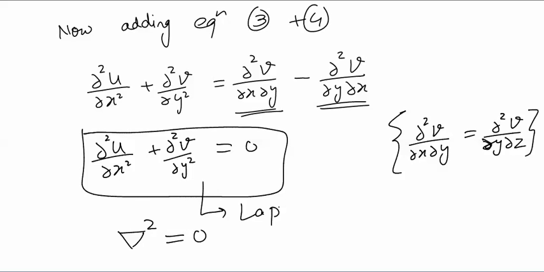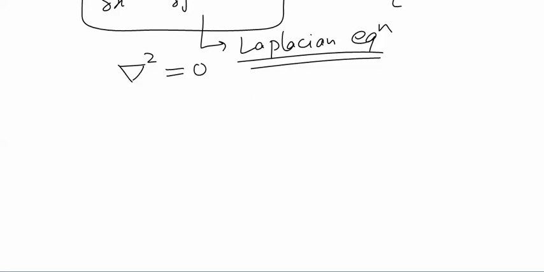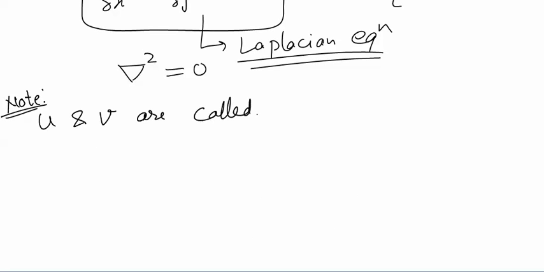This is called the Laplacian equation, and u and v, keep a note here, are called harmonic functions.